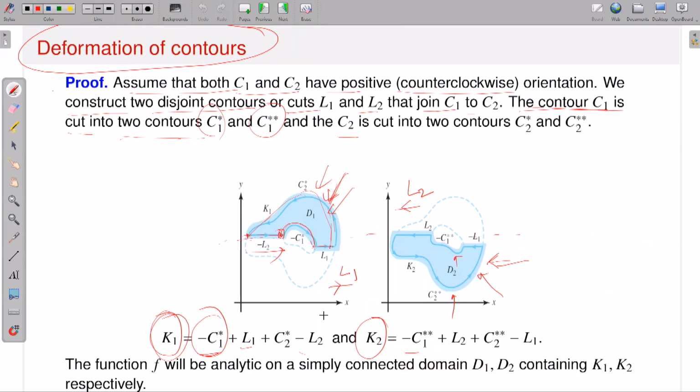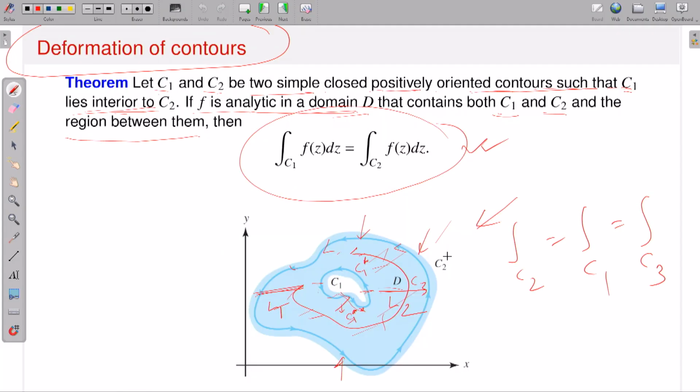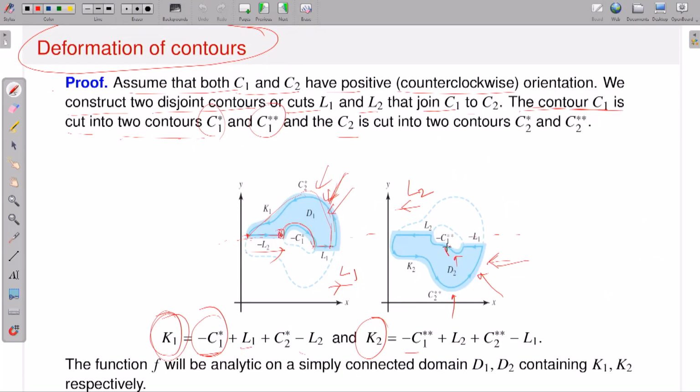Therefore minus C1 double star should be in the clockwise direction, the opposite, so I should move in these directions.